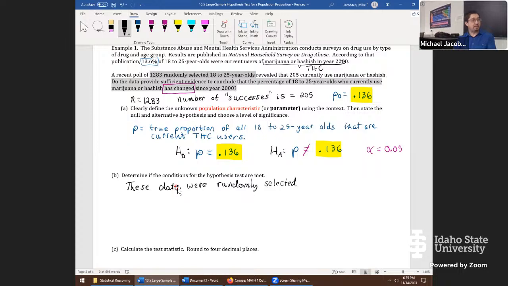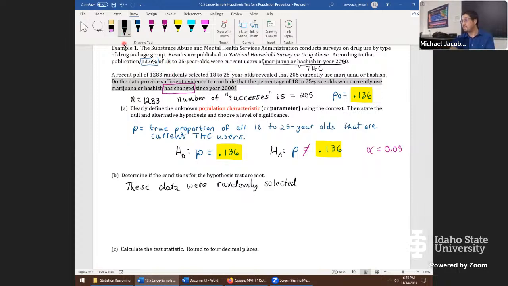We don't know how they randomly selected them. We're going to have to trust that this was a simple random sample or something equally rigorous in their random selection. It wasn't, say, like a convenience sample where maybe people randomly walked into a school and they were just interviewed. That would be very tainted, compromised, biased data in that case. But that's not something we can directly assess unless they tell us their methods.